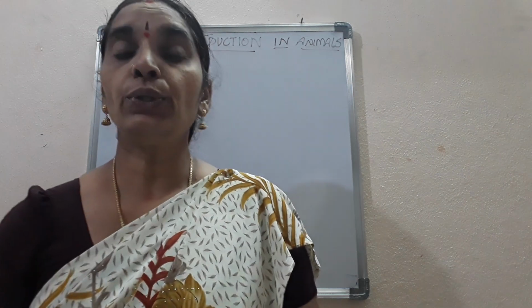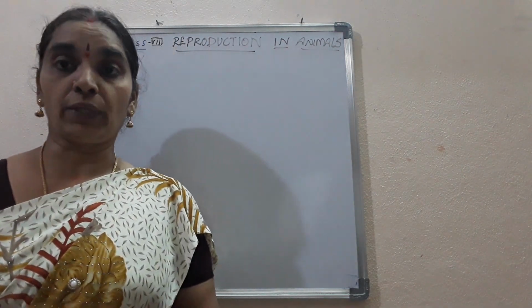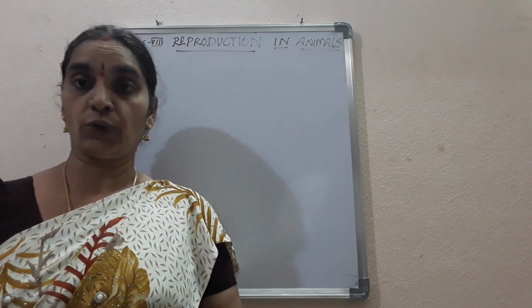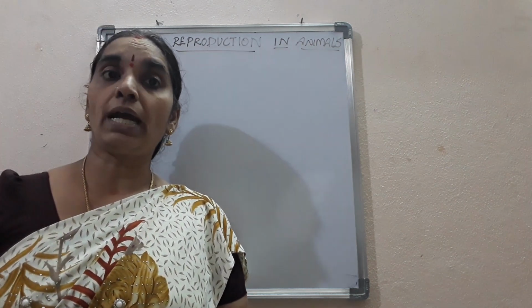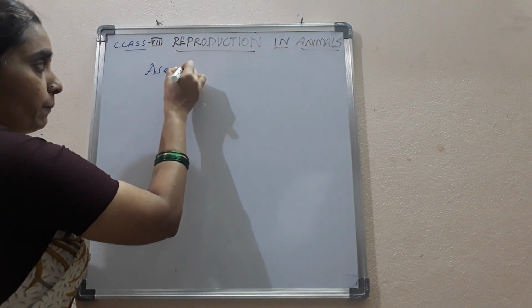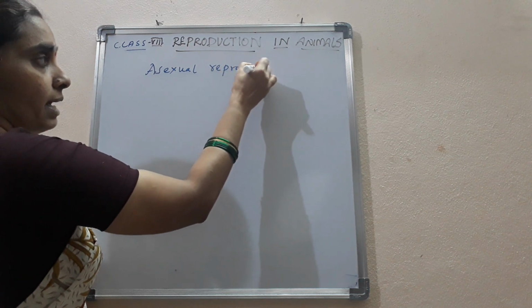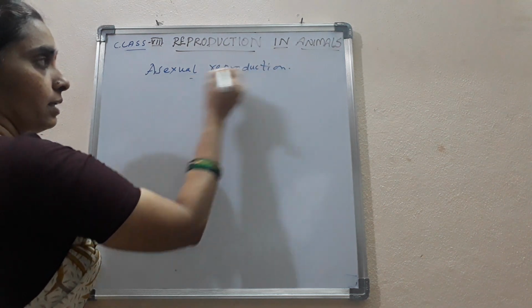Okay, children. So you know already about the asexual mode of reproduction in potato, chrysanthemum, and bryophyllum, isn't it? In potato, what type of reproduction did you see? They undergo asexual reproduction, isn't it?